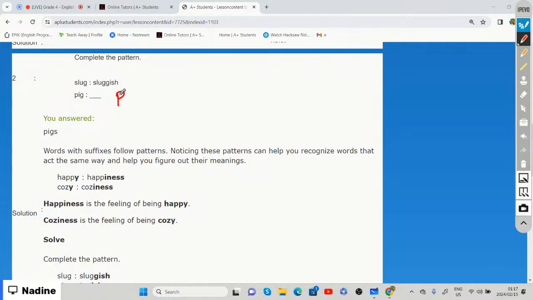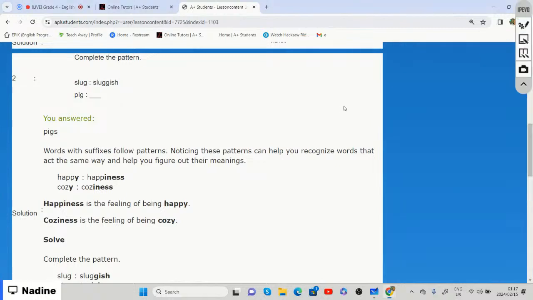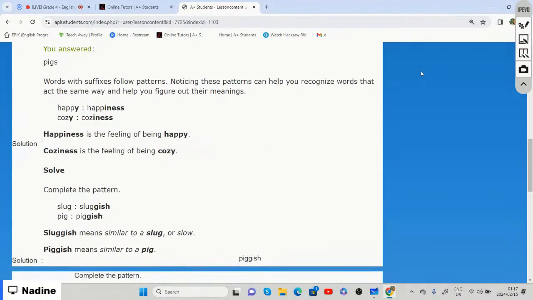So we have slug or sluggish, pig or piggish, because we see that these are patterns that we follow.